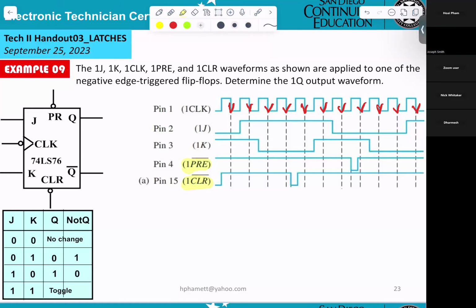The thing is, they override everything. So at the beginning, clear is 0, preset is 1. So no matter what, the output has to be 0.